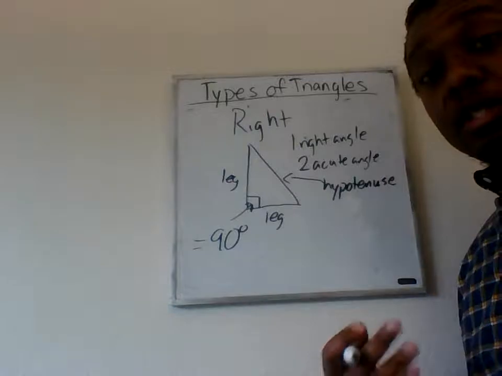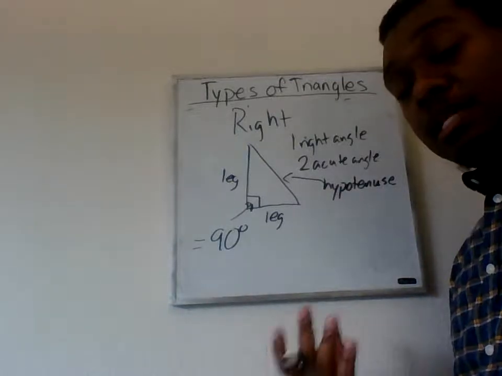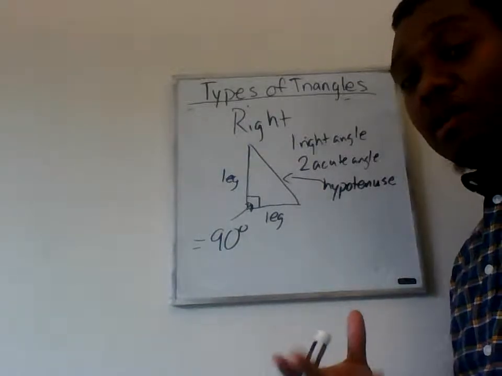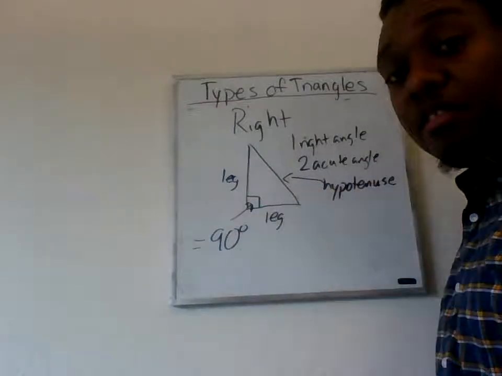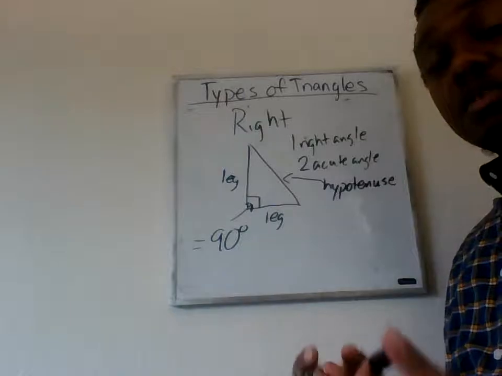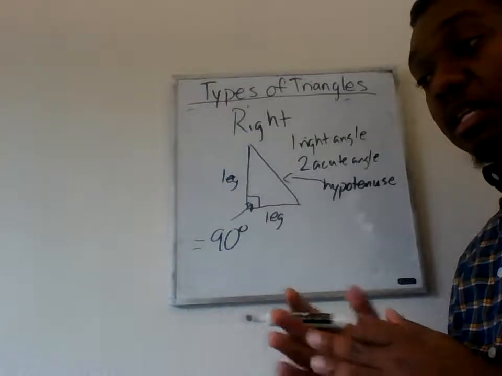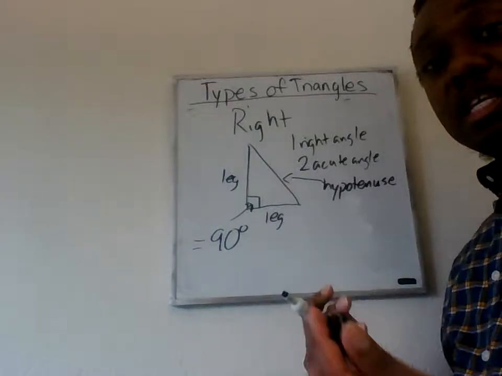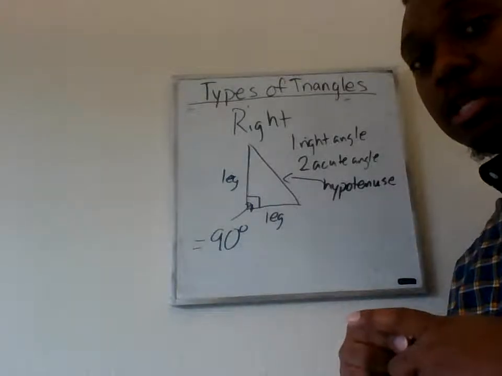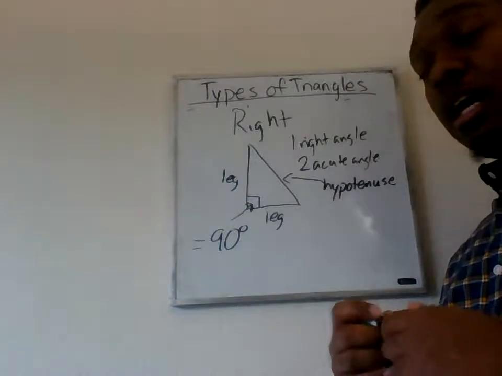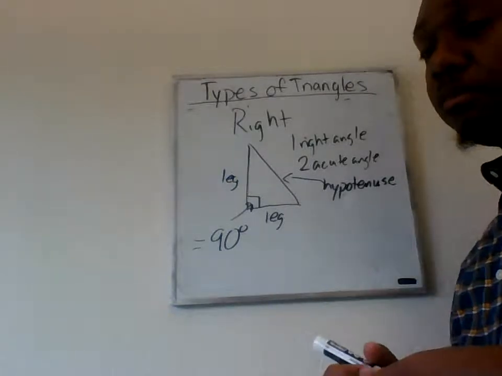The hypotenuse turns out to be the longest side of a right triangle. Well, it has the largest angle opposite of it as well. And as you'll see, there is a relationship between the length of a side and the angle opposite of it within a triangle. That's a very cool concept that we get to exploit a lot whenever trying to find different sides and different angles of a triangle.